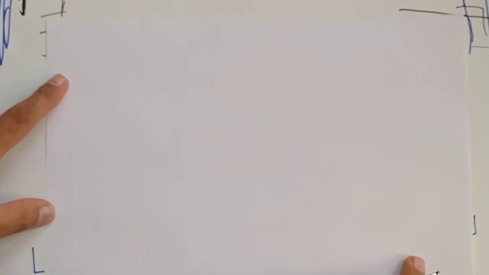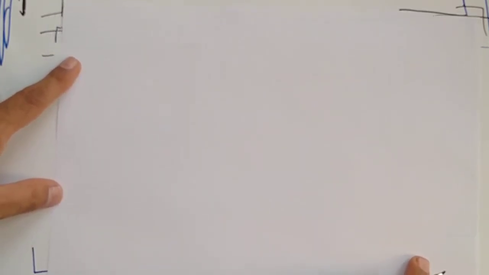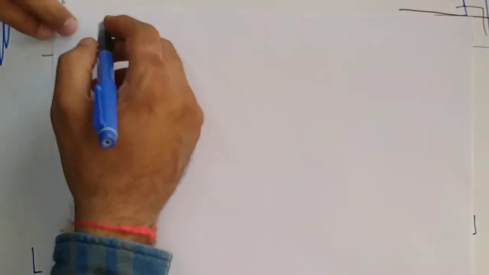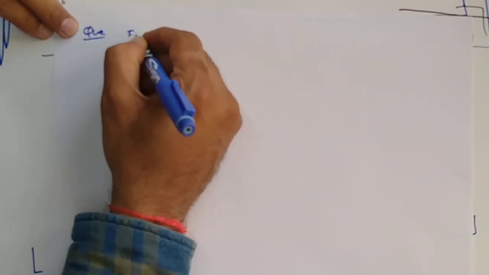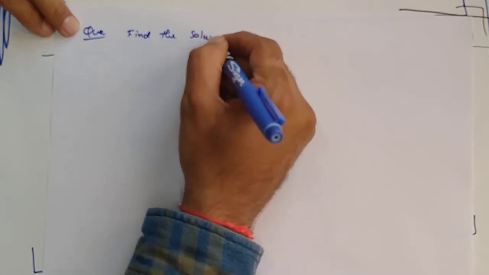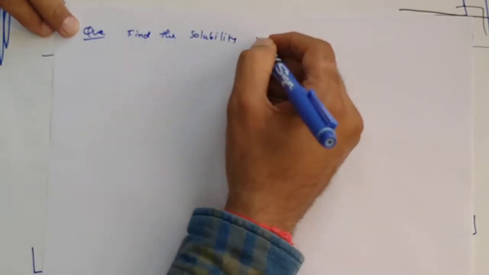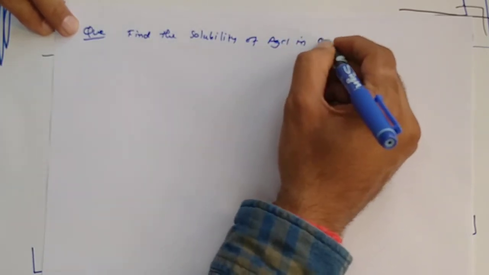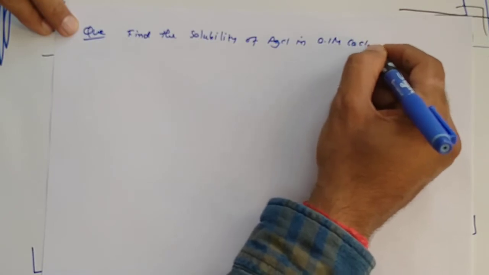Now next, find the solubility of AgCl in 0.1 molarity calcium chloride.